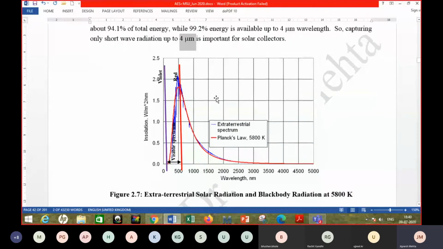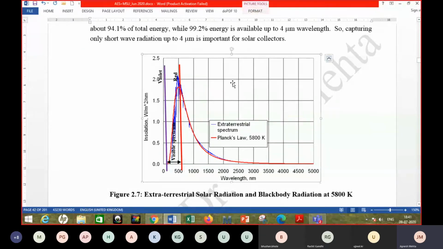Now, this ideal graph at 5800 Kelvin is this smooth line drawn according to Planck's law. But the Sun is not that kind of an ideal body, though its black body temperature is nearly equal to 5800 Kelvin. This curve will best fit it, but you can see in this blue color that there is a variation, a deviation from that ideal curve, right?